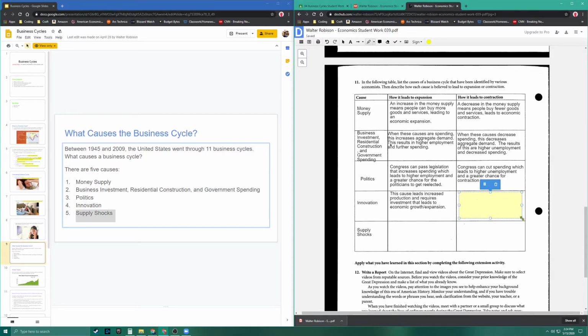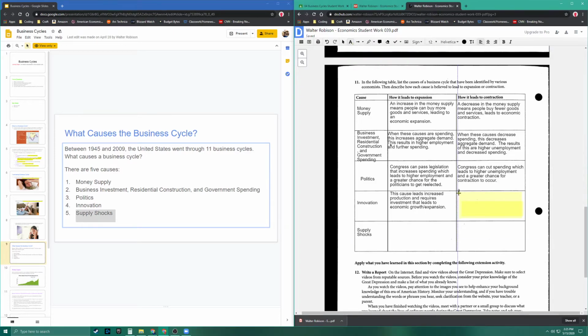So how does it lead to a contraction? And that is that over time, what's going on? An annotation could not be created. All right, so let's try it this way. Oh, I see. I clicked on a button.